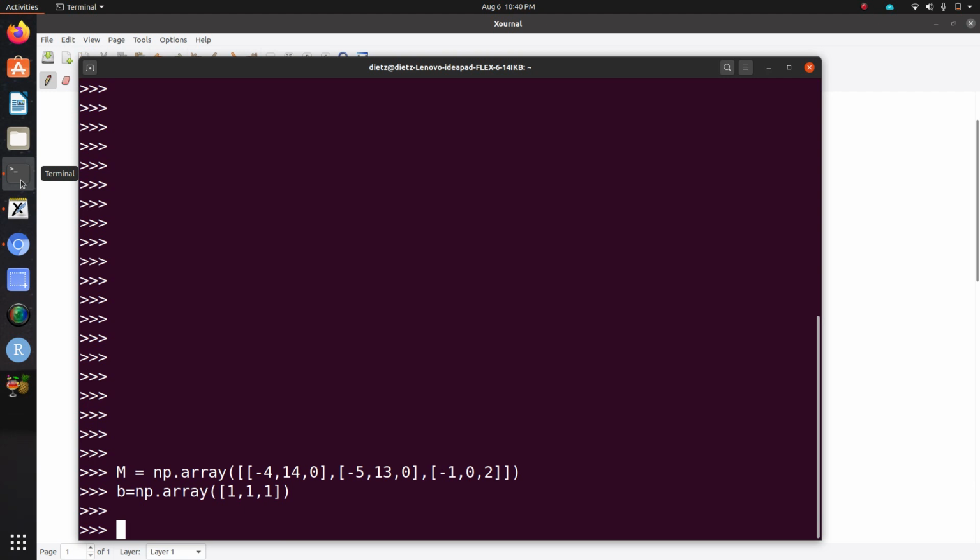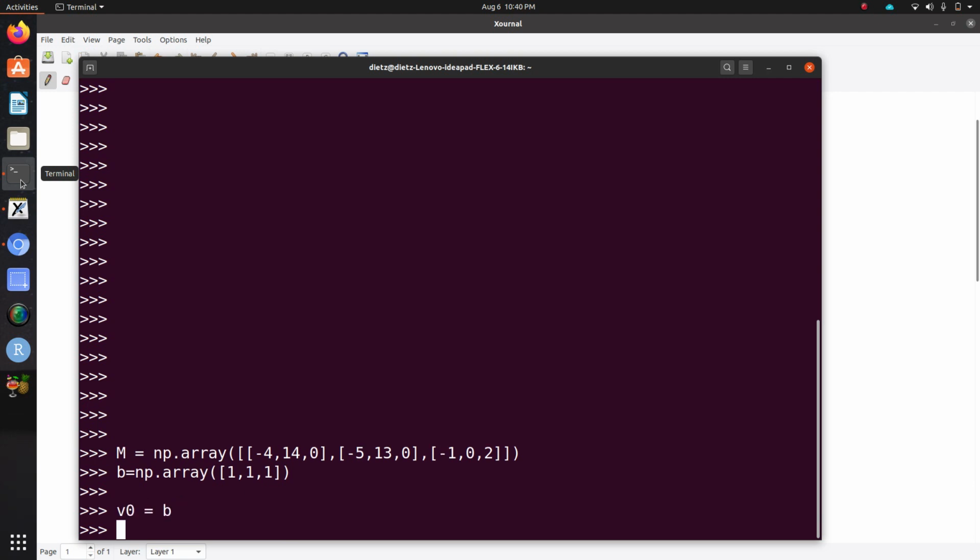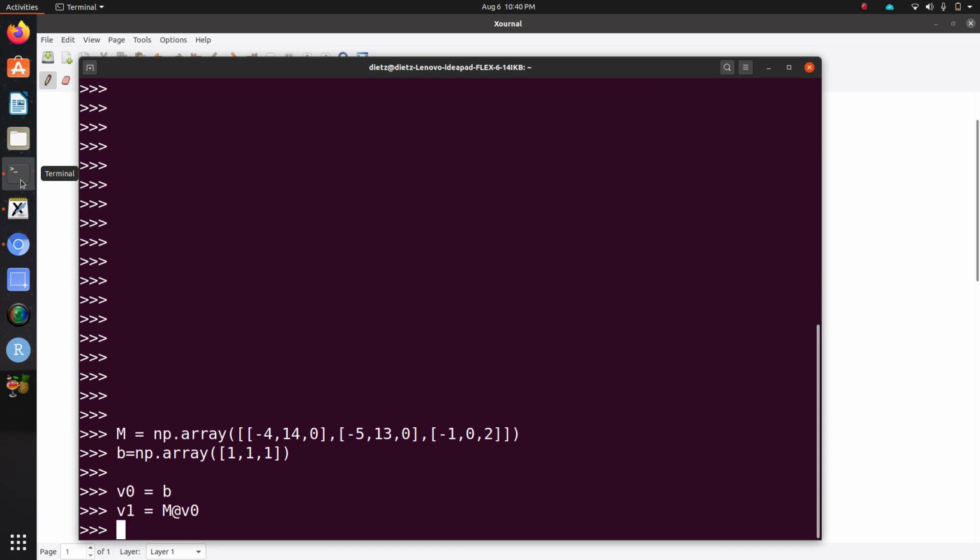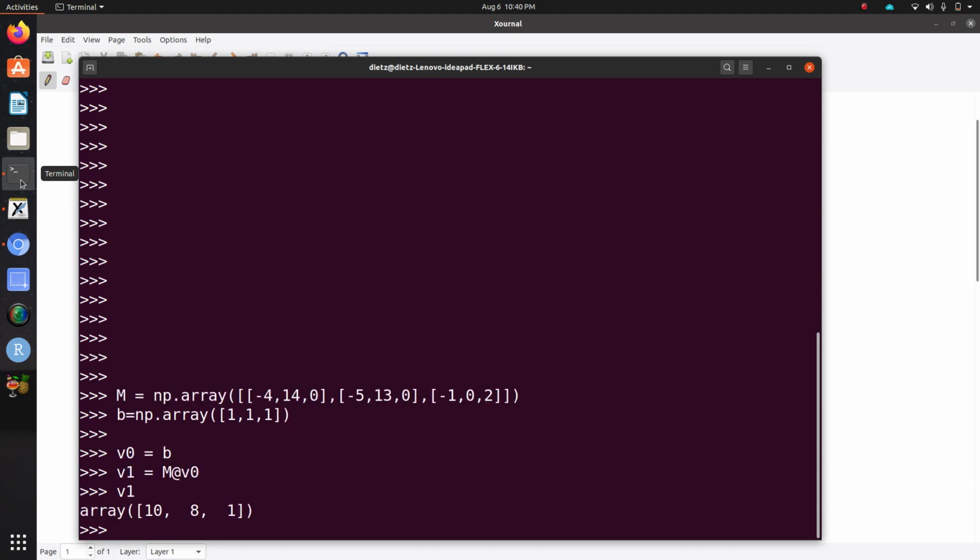Okay, so I'm going to do the following. V0 is going to be B, and then V1 is going to be M times B, because I can multiply this way, which is crazy, but I can do that. What do I get? I get 10, 8, 1. So what was B originally? It was 1, 1, 1, and now I get 10, 8, 1.